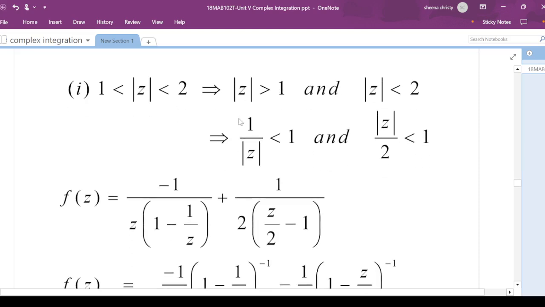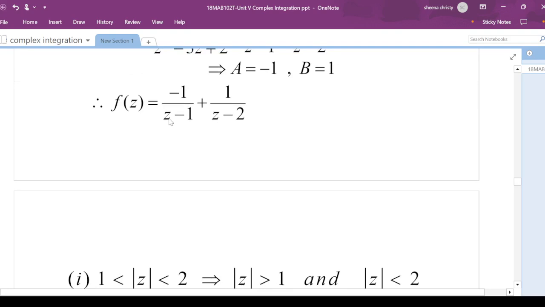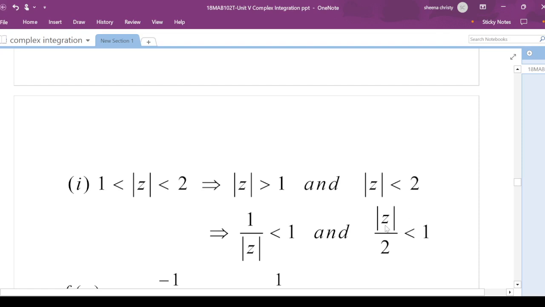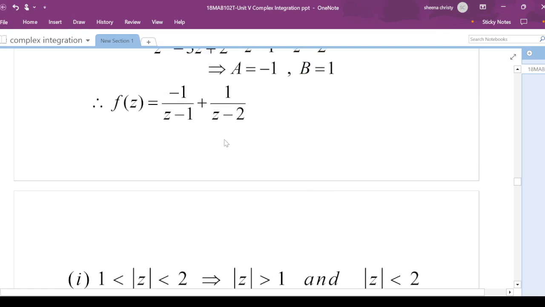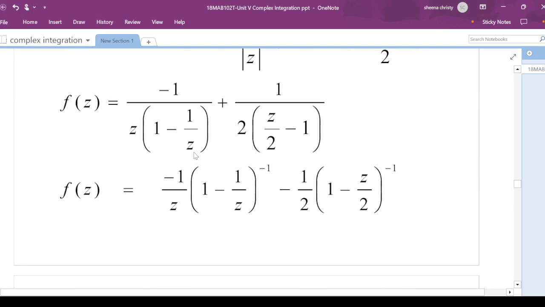From the first term, you have to have the 1/z format. Therefore, take z outside from the first term. That will give you 1 - 1/z. Then for the second region, |z|/2 < 1, so take 2 outside to make it in that form. That gives you 2(z/2 - 1). Now, bringing this denominator to the numerator, it should be like (1 - x) or (1 + x) to the power -1.